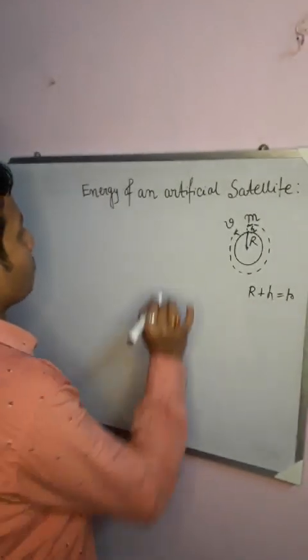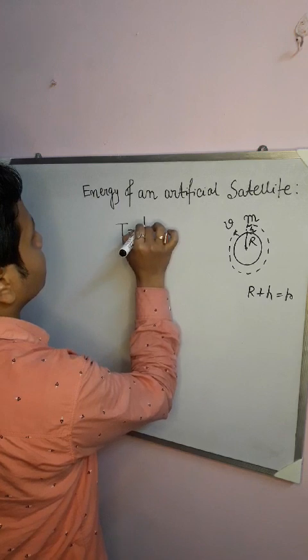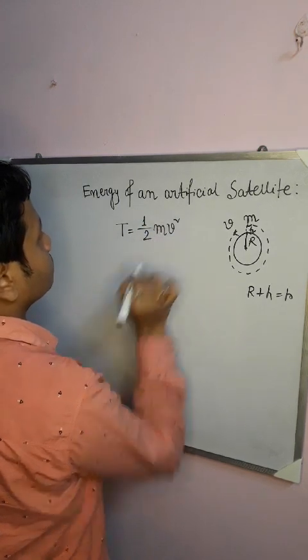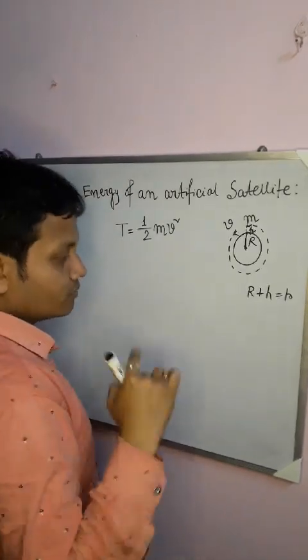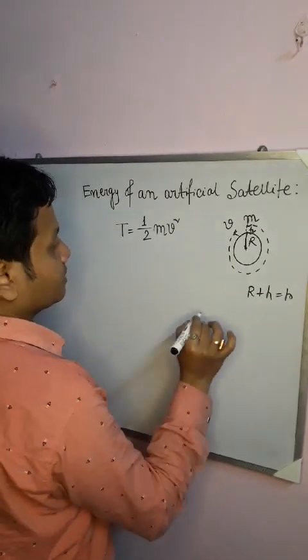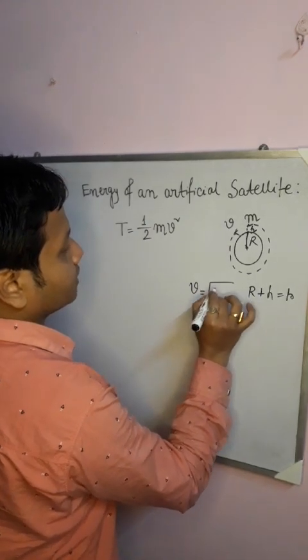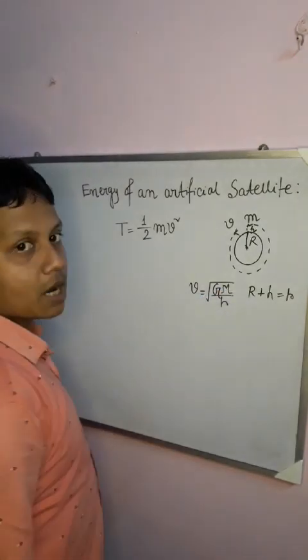we all know what would be the kinetic energy of the satellite if its mass is m and its velocity is v. So this is the orbital velocity, and again we know from previous calculations that the velocity of an artificial satellite is the square root of GM by r, where capital M is the mass of earth.